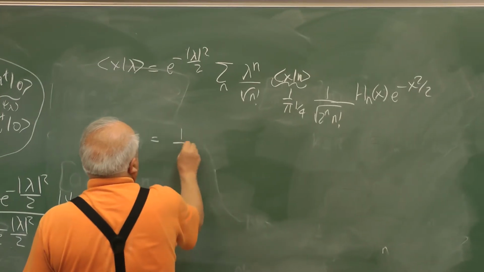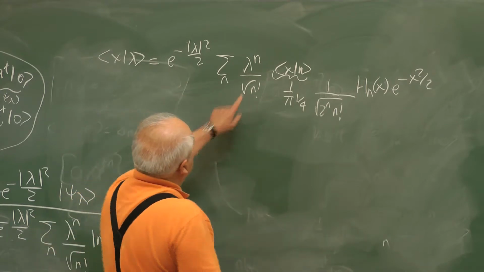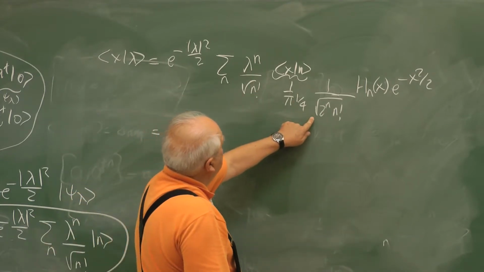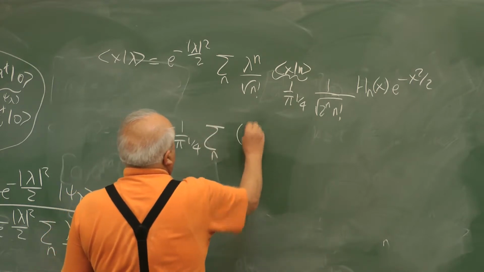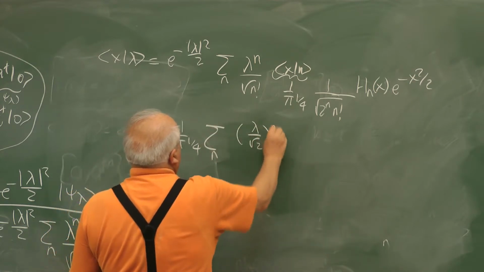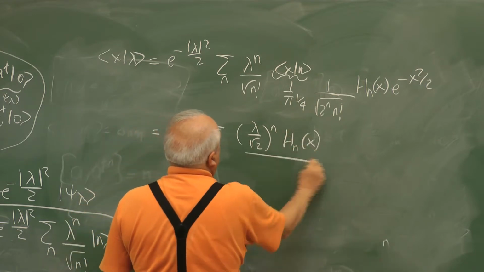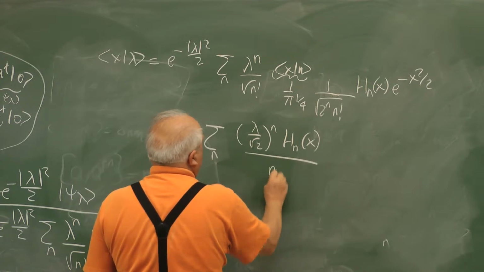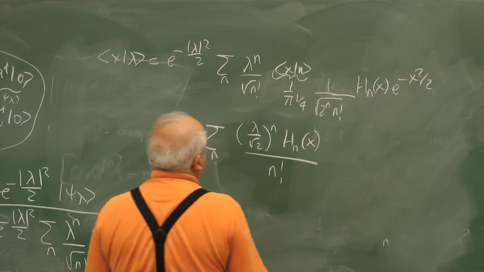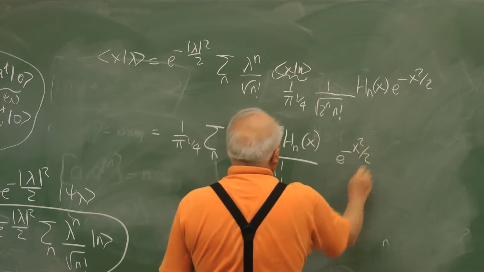This is equal to 1 over pi to the 1 over 4. So we can write sum over n, lambda over root 2 to the n, H_n(x) divided by root n factorial, times e to the minus x square over 2.